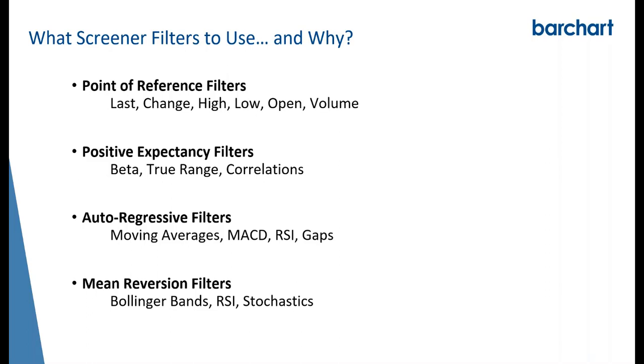So for points of reference, we're going to look at last price, change in price, highs and lows, the opening price, and something called volume. For some positive expectancy filters, we'll look at beta, true range, and correlations. How does our stock relate to other stocks? How does it relate to stocks in its sector?